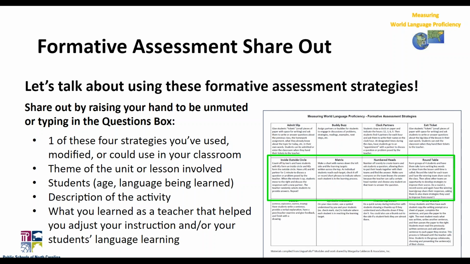You can always enter in the questions box too, or just raise your hand. I don't see any hands raised at the moment. So if you did raise your hand to share on this one and the system somehow took it down, please go ahead and raise again. And again, I'm also looking for ones in the questions box.